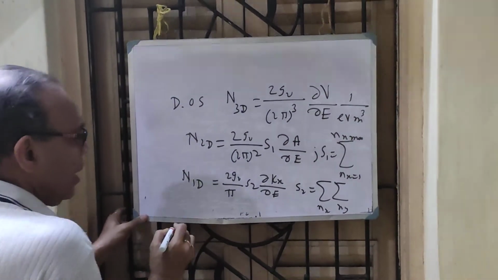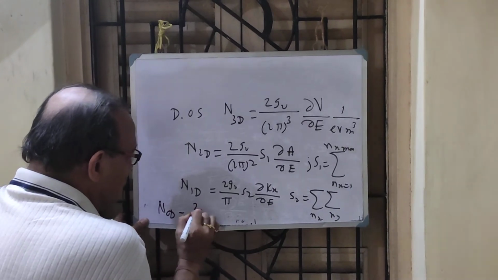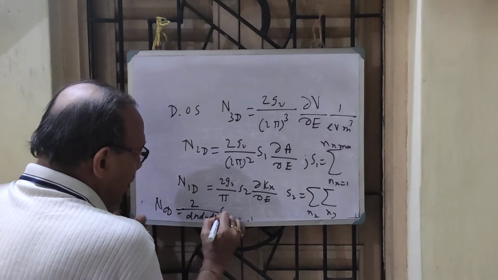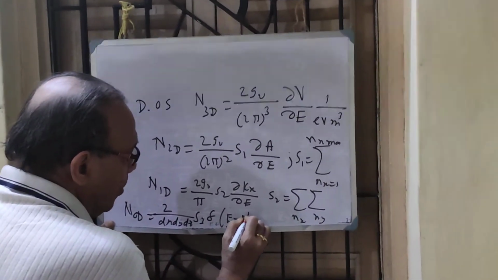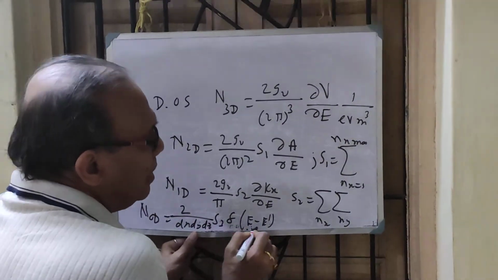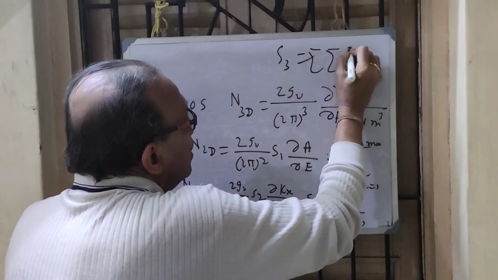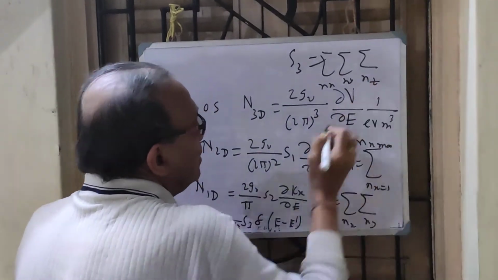And in 0D, that is quantum box, it is 2 by dx dy dz S3 delta E minus E dash, where delta is the Dirac delta function and S3 is the sum of the three quantum numbers, that is nx, ny and nz.